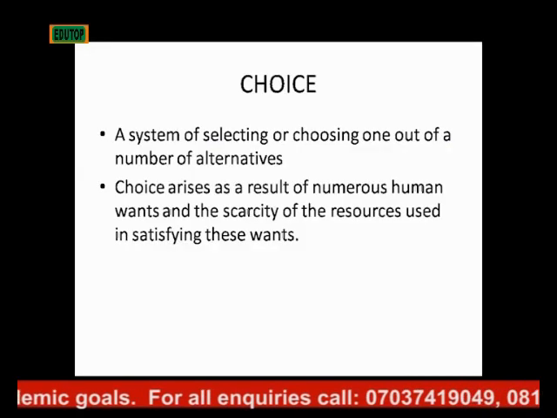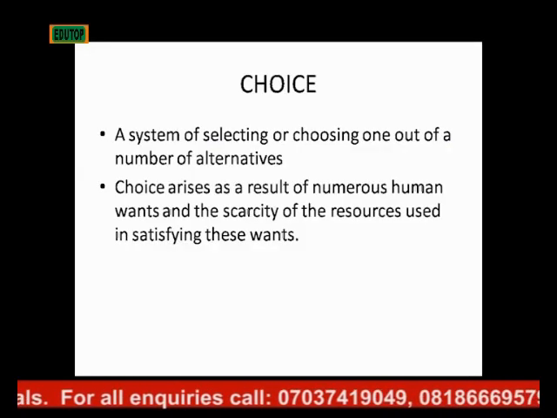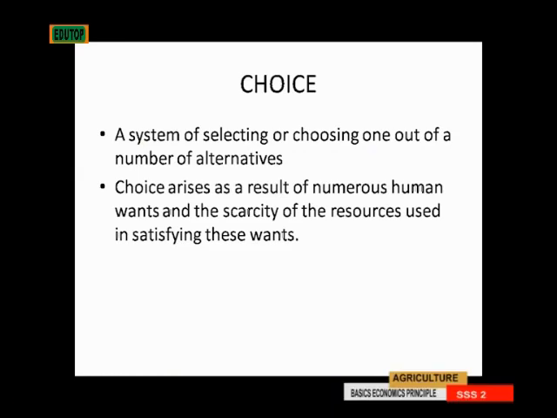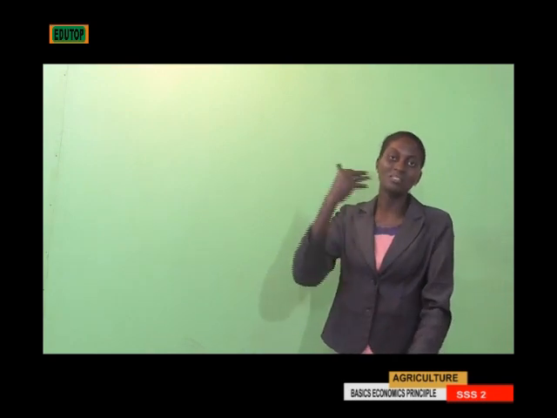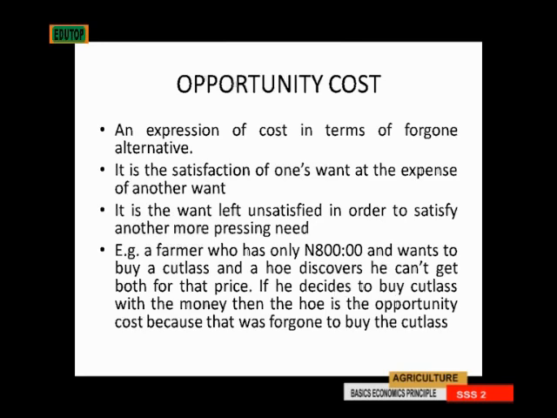Choice arises as a result of numerous human wants and the scarcity of the resources used in satisfying them. So you have to choose among all the list of unlimited ones to pick the ones that are very urgent or pressing and leave the rest. Now we have the last one, which is the opportunity cost.